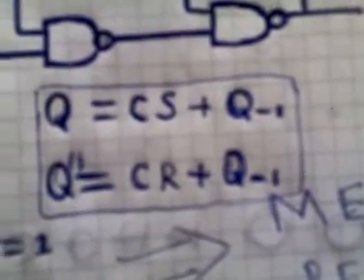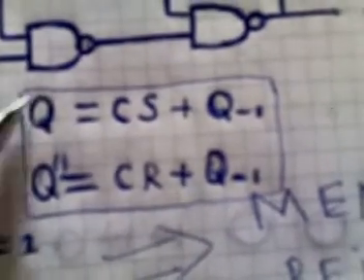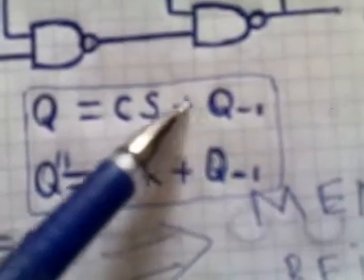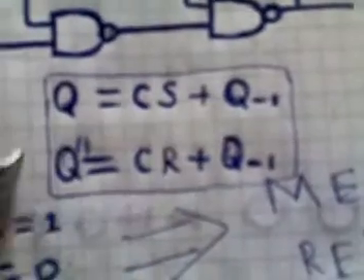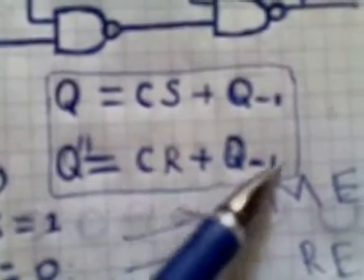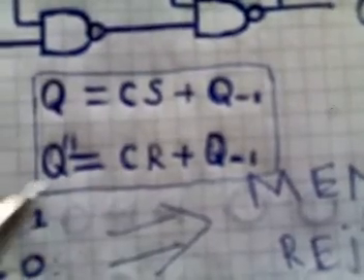We see that our non-inverting output equals CS and our memory, and this is the parity of our non-inverting output.